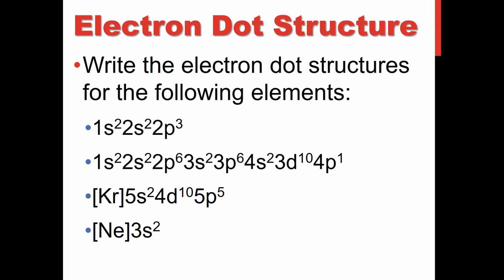This one, we're looking at the S blocks. So Ne 3s2. Again, you could realize that neon has 10, and s2 has 2, so this would be element 12, magnesium. Or you could just look at the 3rd row in the S block section and look at the 2nd one, magnesium. This will have 2 dots around it.